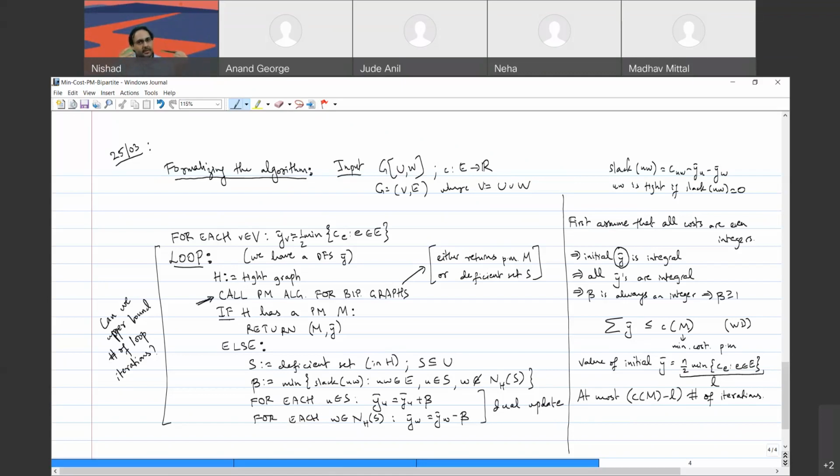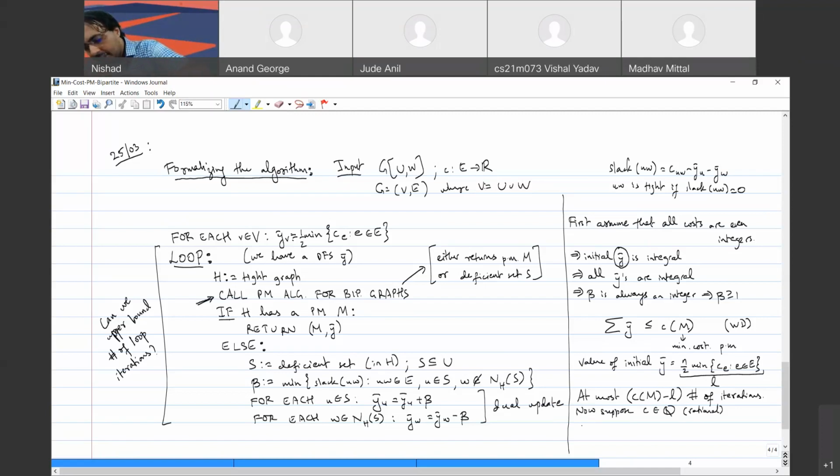Well, if all the costs are not even integers, then they are some rational numbers. But then you can multiply them by some gamma and make them all even integers, right? So now suppose that the costs are rational numbers.